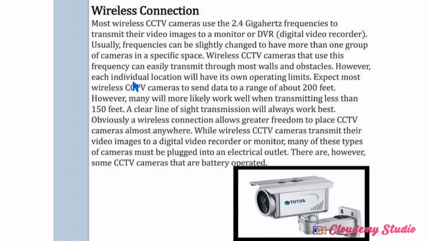This is the speed at which the cameras transmit the video images or data to the DVR, going to the monitor. This is the common speed at which cameras transmit data.